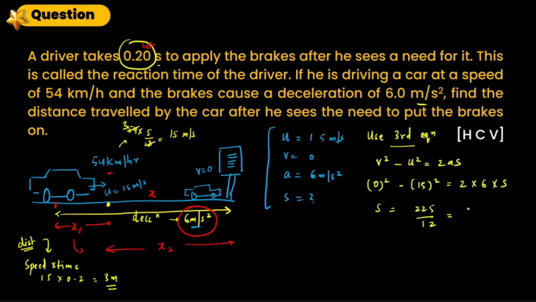So it is going to be around, I should say, 9.8, not 8, 9.67 around. So the total distance that needs to be calculated is 3 meters plus 9.67 around.